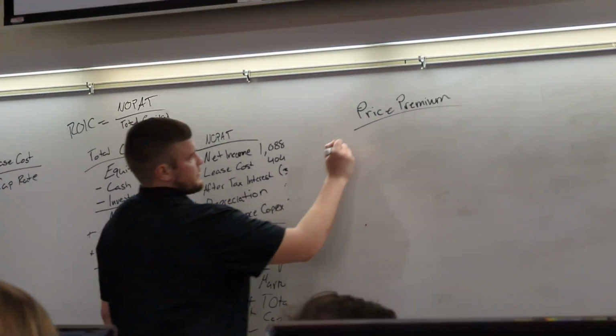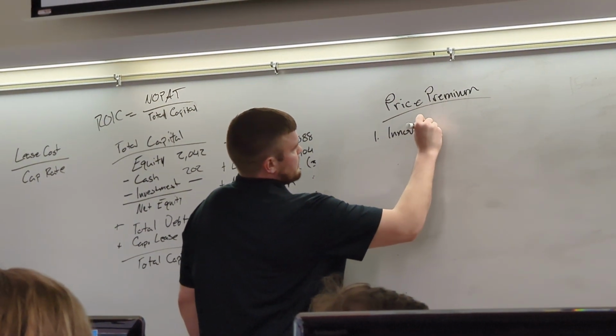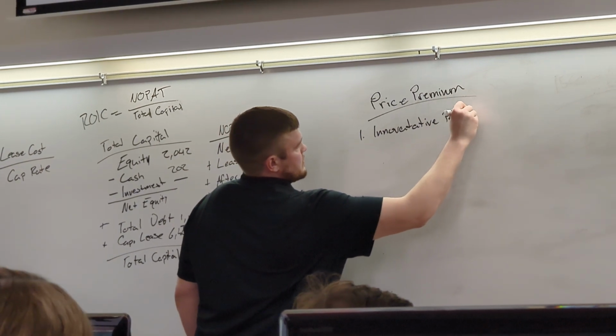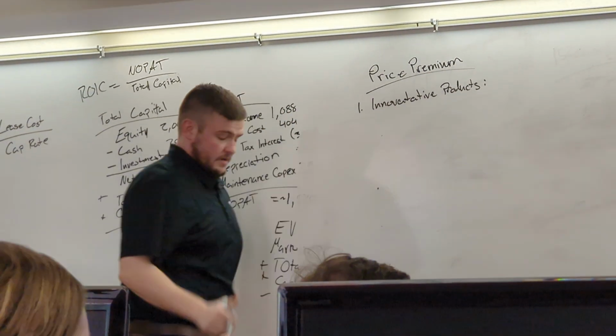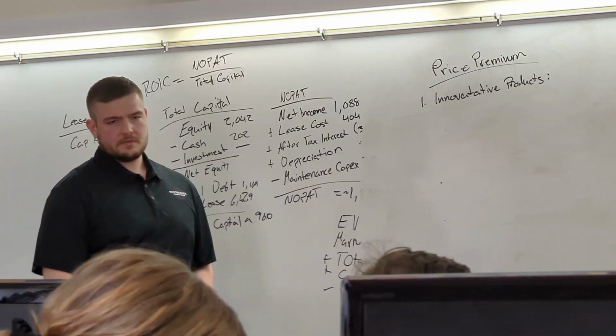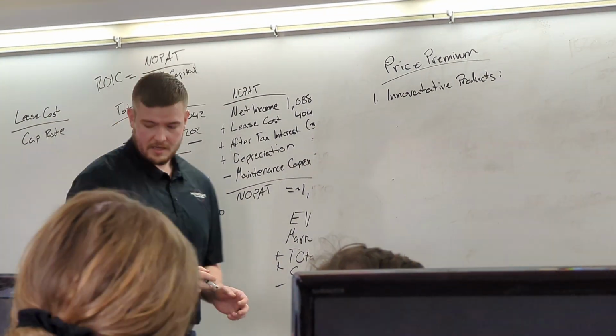Some examples: one, innovative products. These are products that are either hard to replicate by other businesses, or you have some type of patent protection, which then lets you charge premium prices to customers.